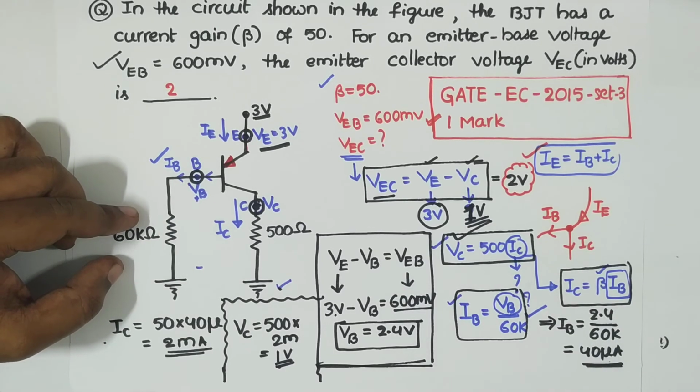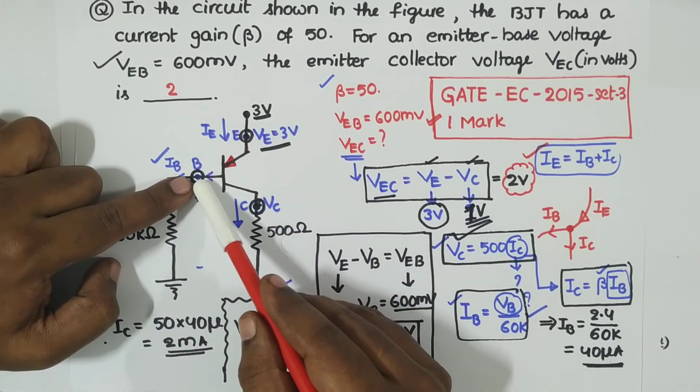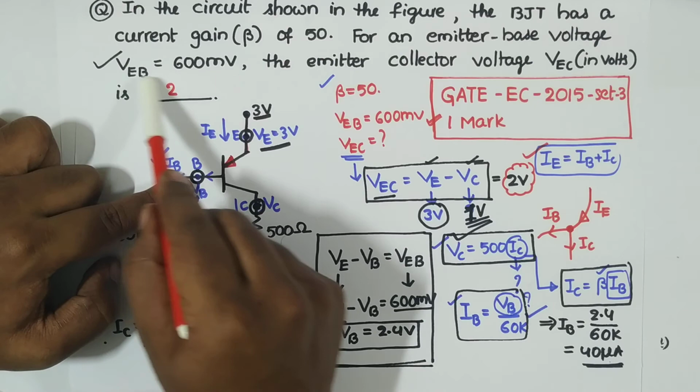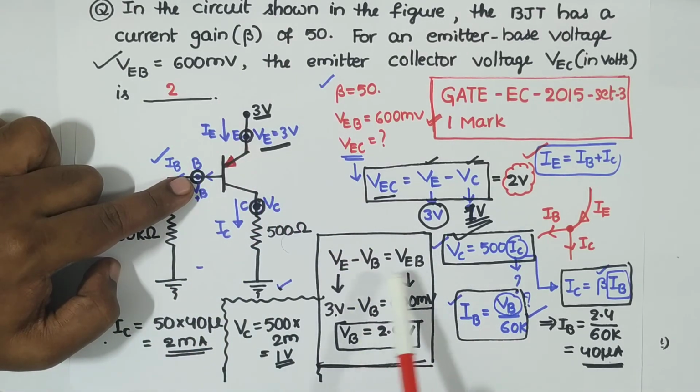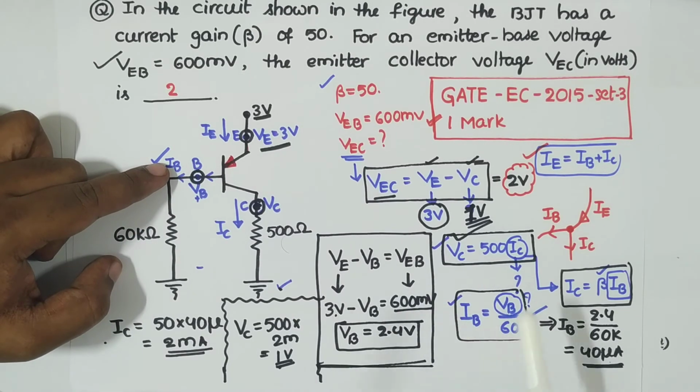So VB we have to find. I have VE and want to find VB. VEB is given to you, so VEB is equal to VE minus VB. So 3 minus VB is equal to 0.6 volt. This is in millivolt, right? Convert to volt, so this is 0.6 volt. So 3 minus 0.6 is 2.4.